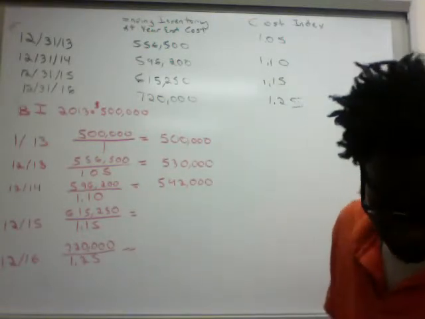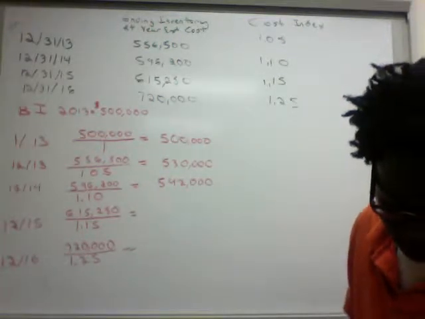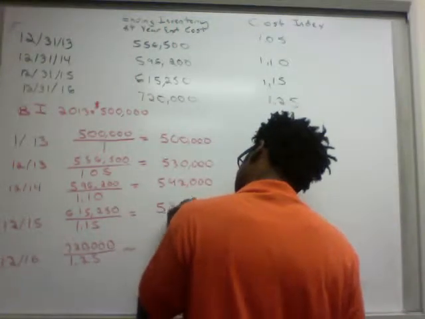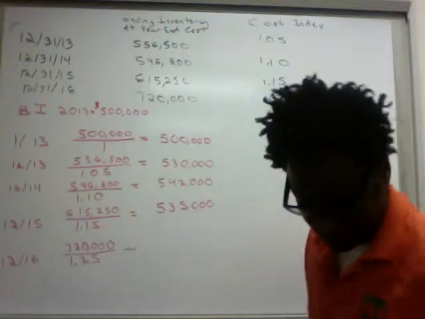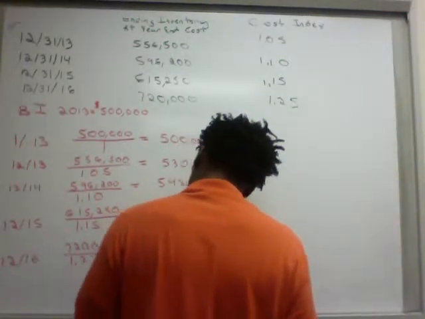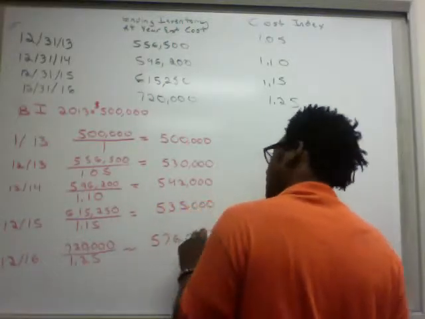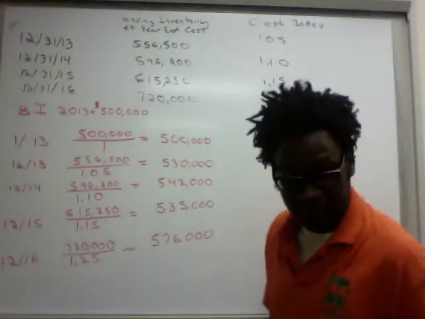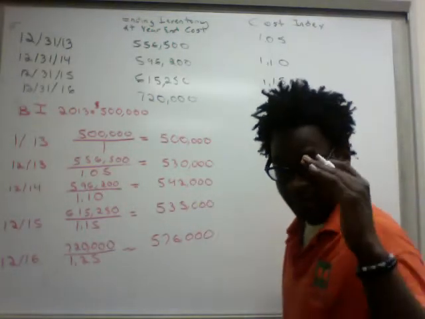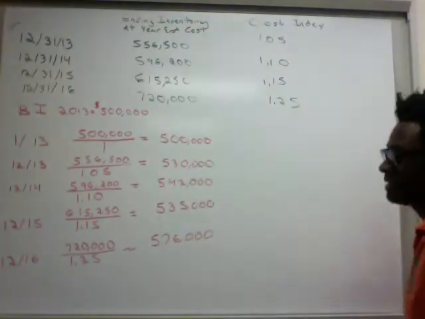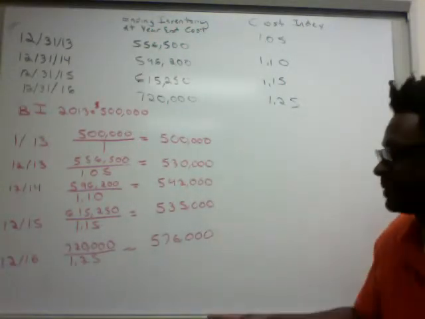For the end of 2015, we get 535,000. For the end of 2016, we get 576,000. So this is step one, and this is calculating ending inventory at base year cost. Never mind the titles, technically, but these are the steps.